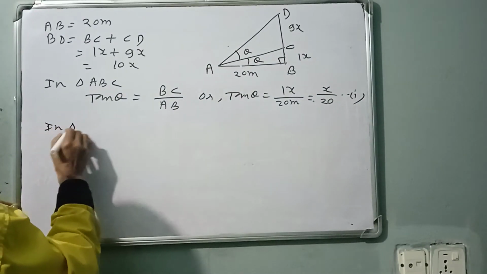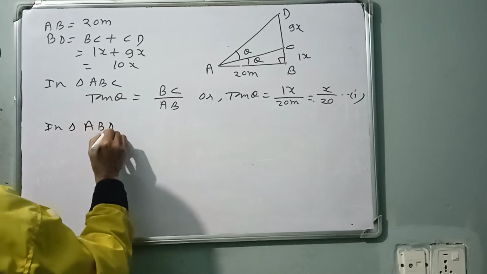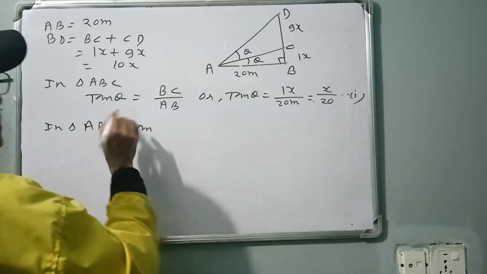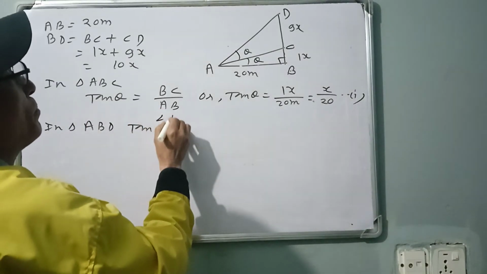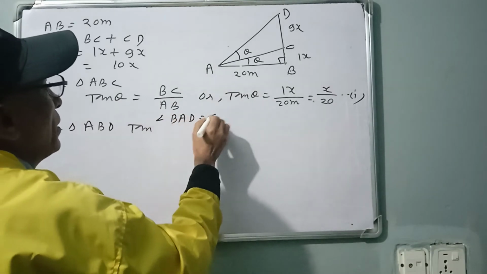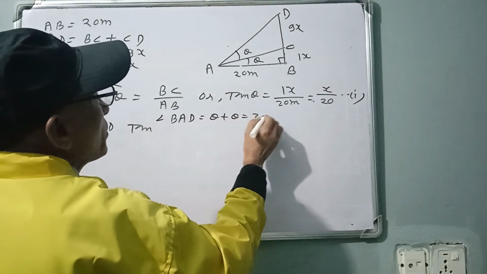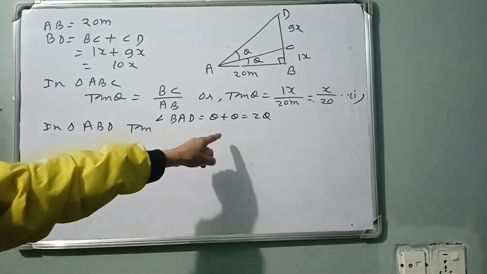In triangle ABD, see one thing, angle BAD equal theta plus theta, 2 theta. It is given.